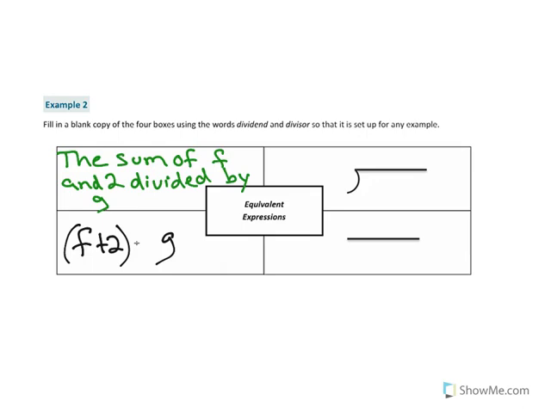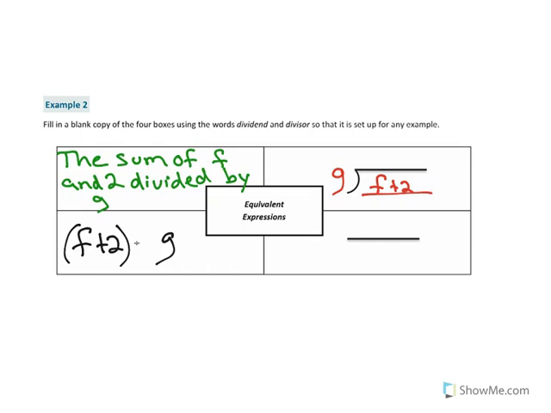All right, let's scoot over to our division symbol. What expression goes inside? By now, I hope you have it quick that it is f plus 2, and therefore, because that's the dividend, the g, which is our divisor, goes on the outside. Alrighty?